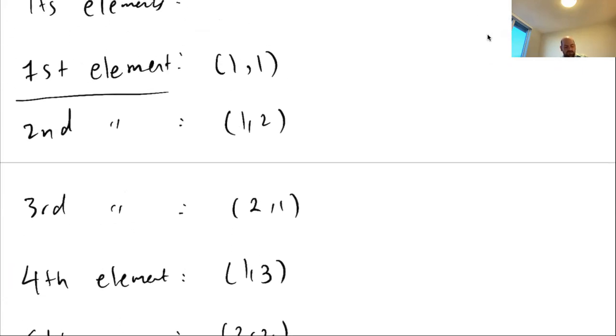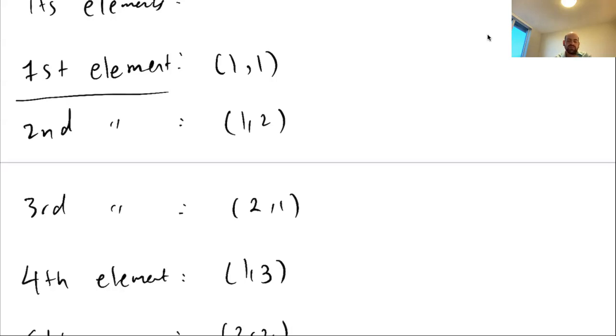So as you have maybe guessed, the pattern that I'm choosing for listing all these elements is that I look at the sum of the two numbers that I have. Remember, I have a pair, therefore I have two numbers. I will look at their sum.